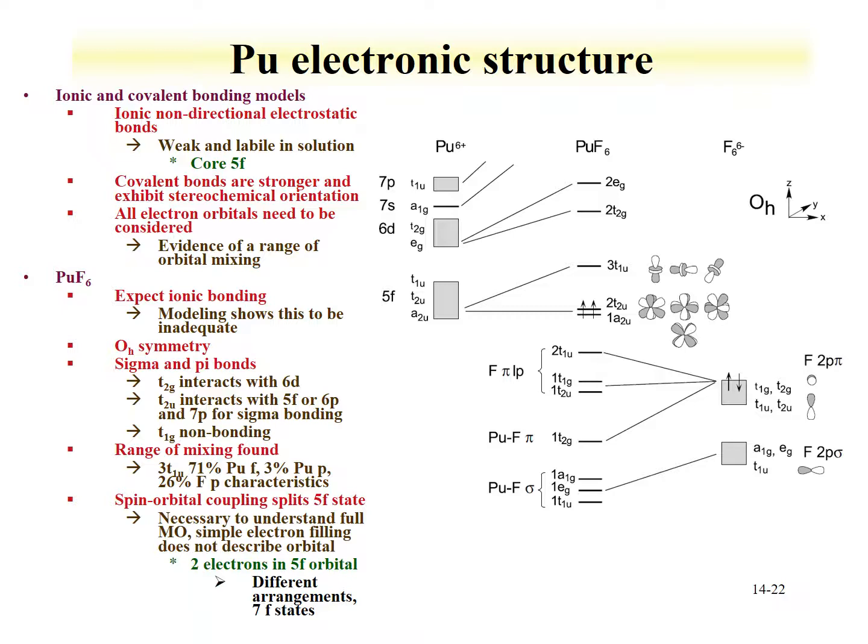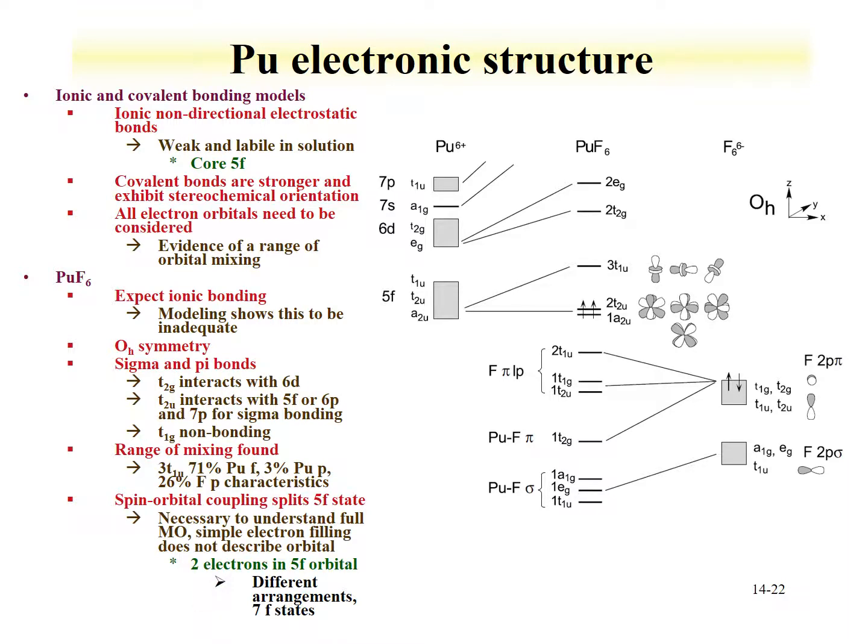The electronic structure of plutonium compounds has been examined. Shown here is the data for plutonium hexafluoride. For the orbitals, one initially would expect ionic bonding. We know from the behavior that this is not appropriate. We know from the uranium system, which we've already discussed, that plutonium hexafluoride has Oh symmetry, and sigma and pi bonds are formed, and the orbitals from the plutonium that form the sigma and pi bonds are listed here.